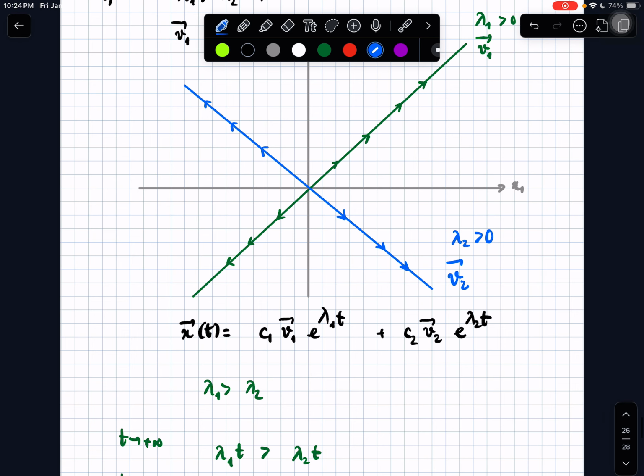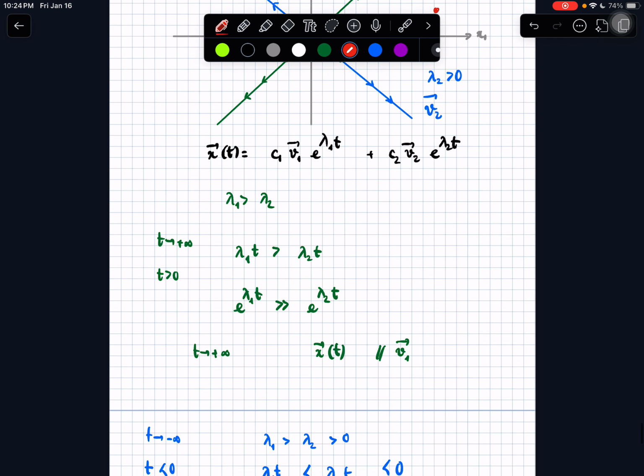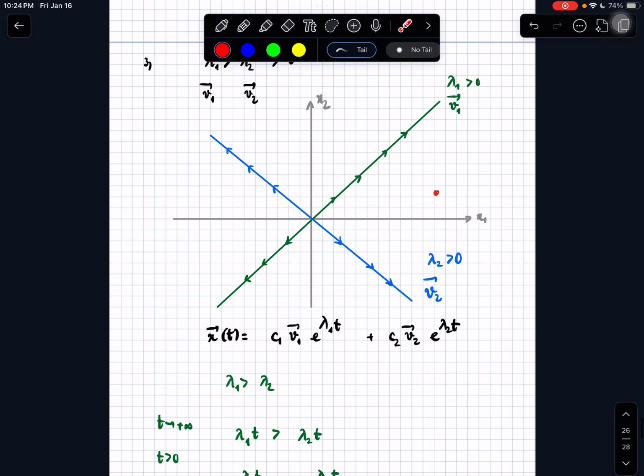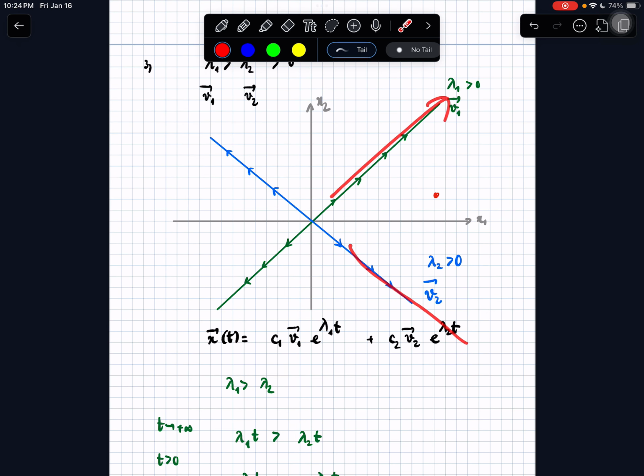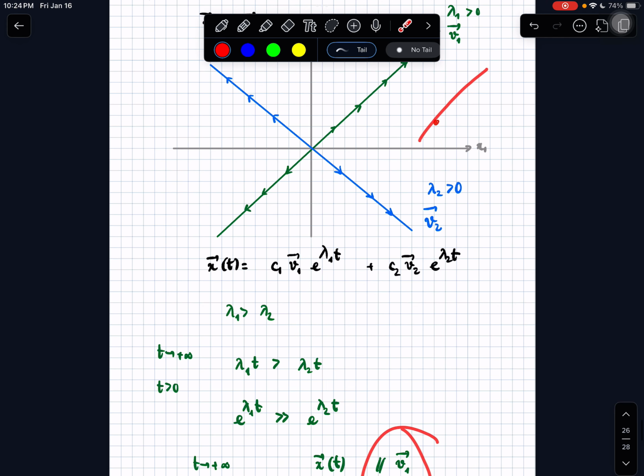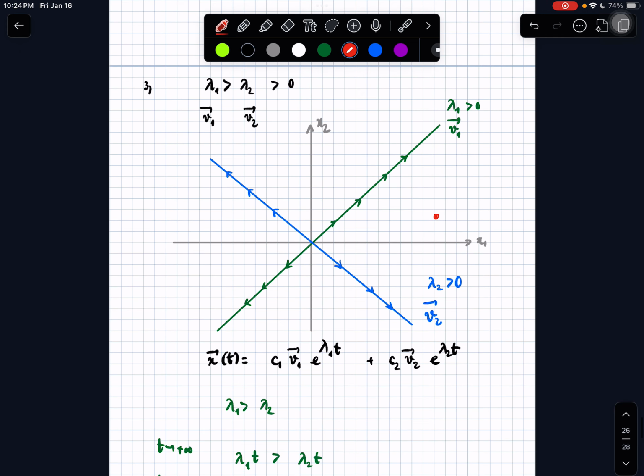So as soon as we start from this point, the initial condition gives us this point. When t goes to plus infinity, into the future, it is parallel to v1.